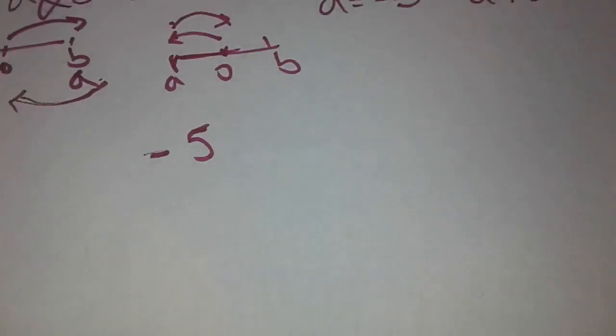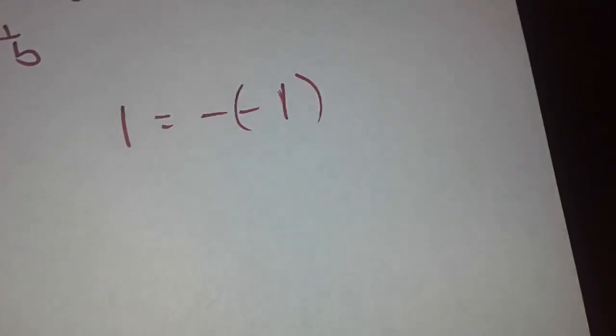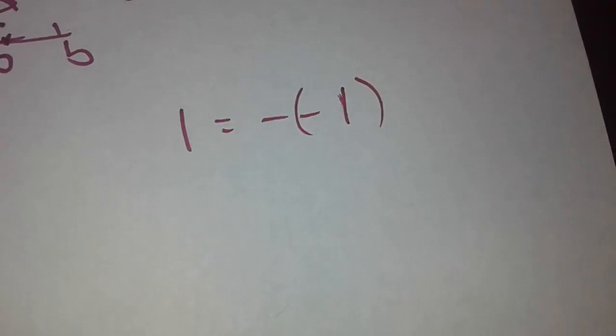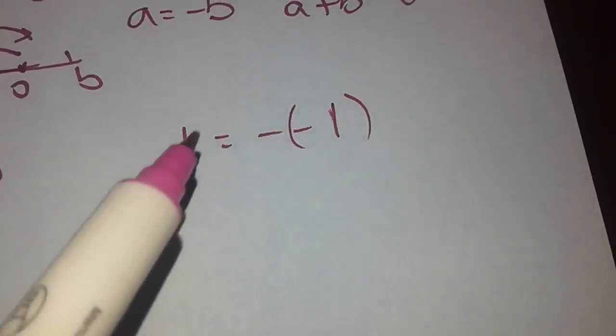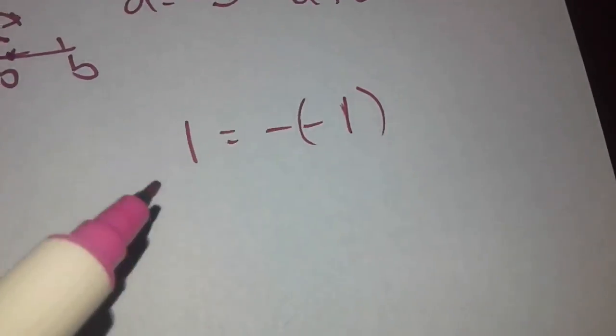The negative sign can also be a unary operator, meaning that you just put a negative in front of a number. You've already made it negative, so you sort of change the number by adding a negative. Even if you don't have a negative symbol, 1 is equal to negative negative 1. The negatives cancel out, because the negative version of negative 1 has to be 1.